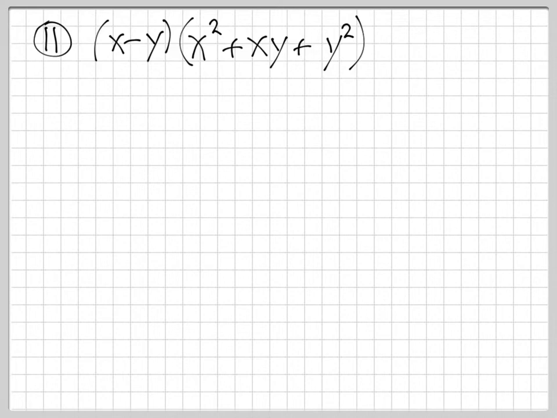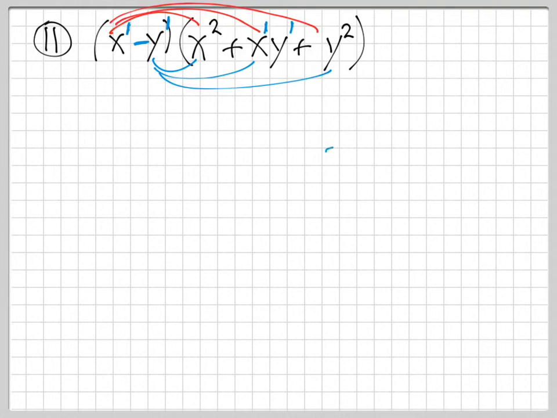Same kind of thing. The first x is going to go to all three. And then when he's done, the negative one, I'm going to put that minus right on the y where he belongs. He's going to go to all three. Now remember, when you multiply, all those letters have invisible 1 powers, don't they? Go ahead and put the ones on there. And when the same letters multiply, the powers add.